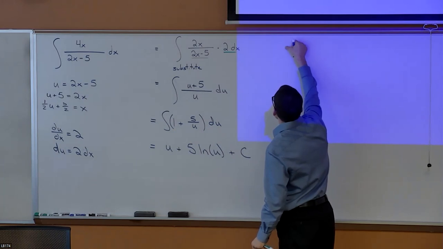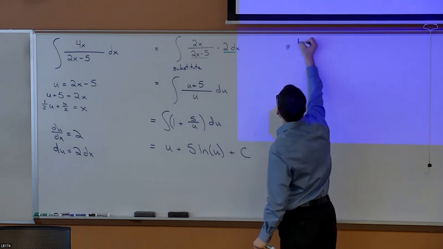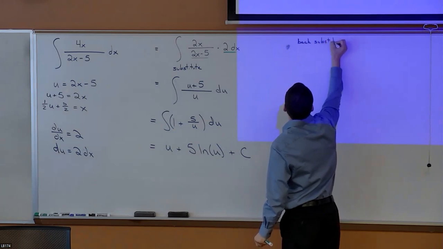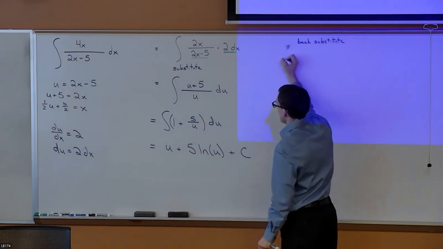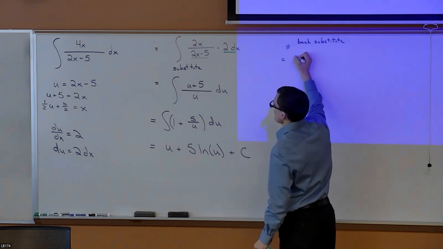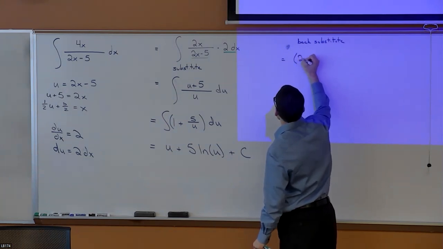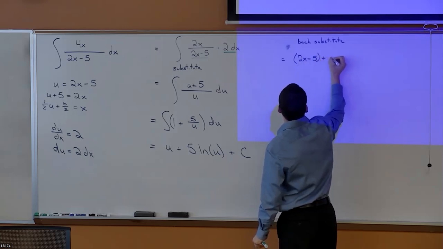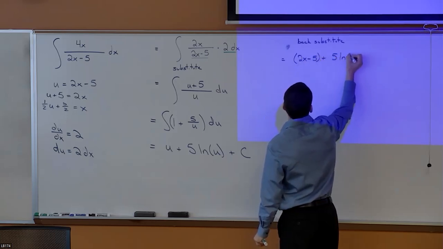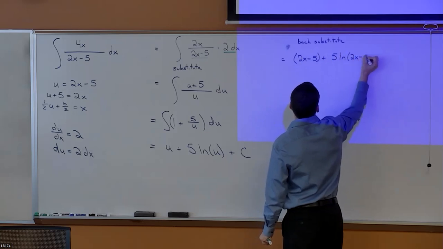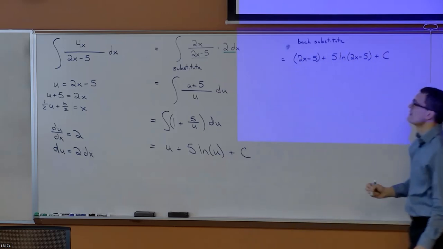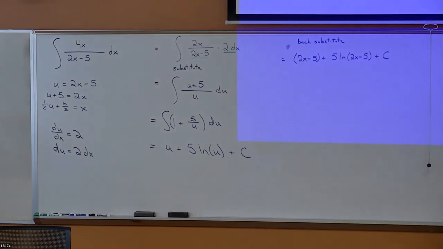And then I just back substitute for my final answer. So the u gets replaced back with 2x minus 5 for both spots. And that would be your final answer.